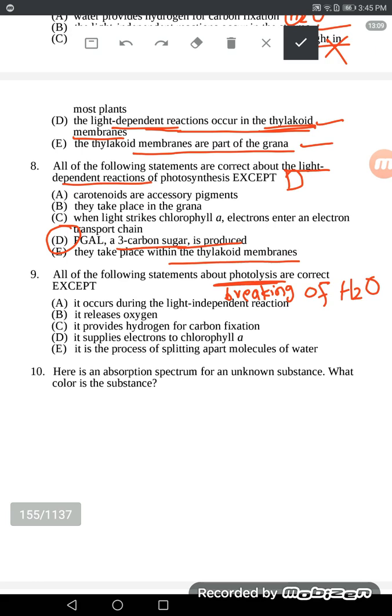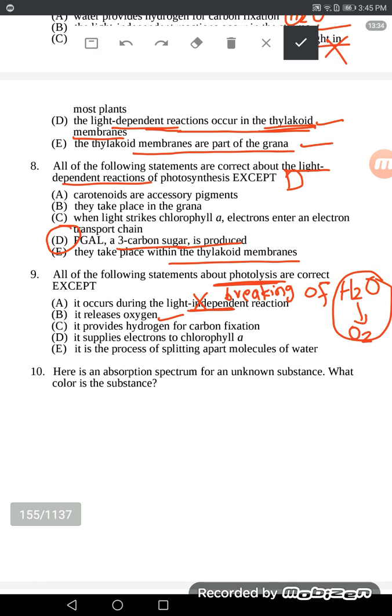As I told you before, during the light-dependent reaction, H2O becomes oxygen. So it's not during light-independent. During light-independent, CO2 just becomes a sugar molecule. It releases oxygen, as I explained here. It provides hydrogen for carbon fixation.